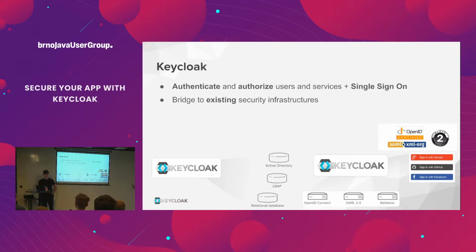Keycloak is very extendable, as you can even create a bridge to existing security infrastructures. It means that you can involve third-party identity providers, OpenID Connect, SAML providers or Kerberos, right? You can even use social providers, so you can authenticate via Google, GitHub, Facebook, whatever, right?